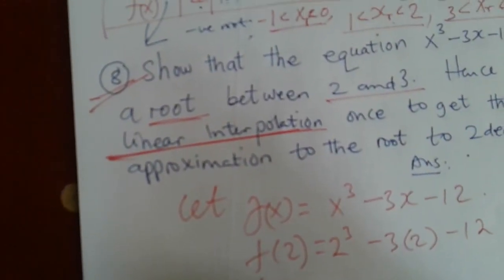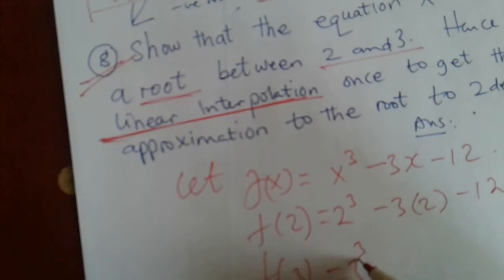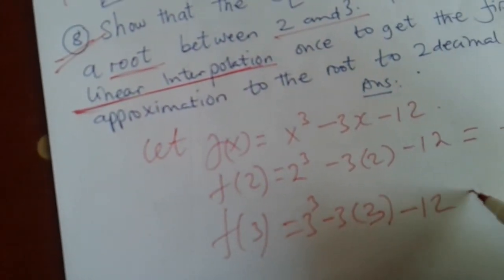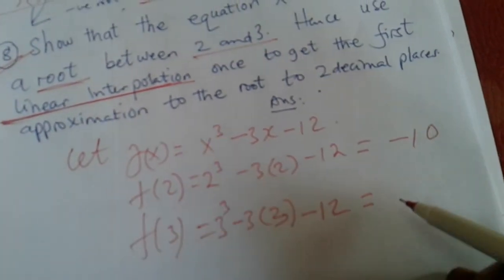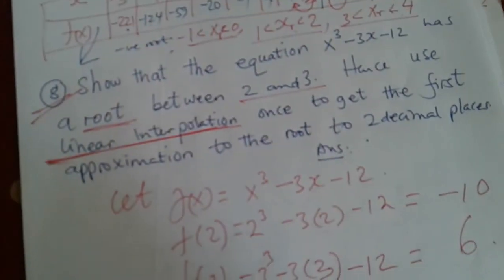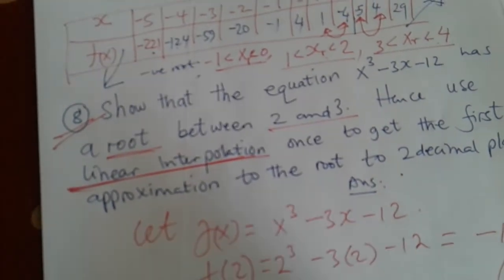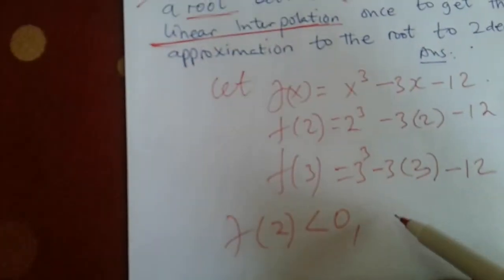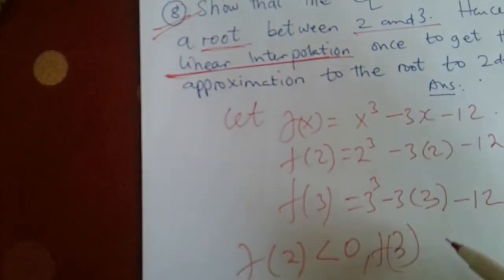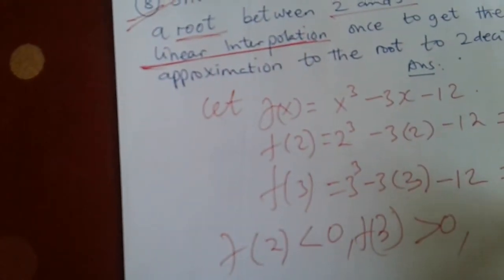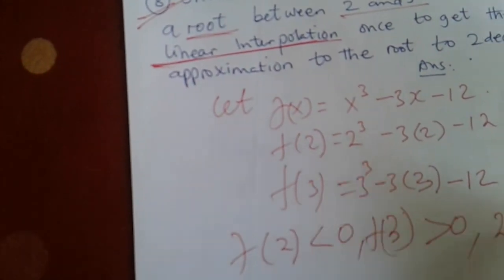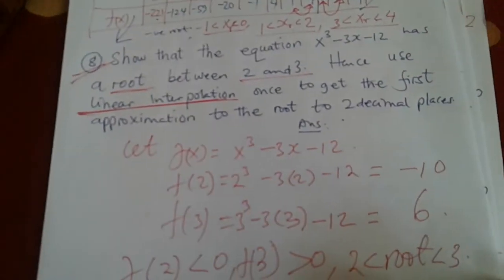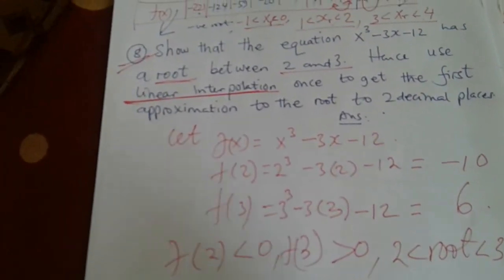Then f of 3 will be 3 cubed minus 3 times 3 minus 12, and this automatically will give you 6. Clearly, you will see that f of 2 is less than 0, and f of 3 is greater than 0, and the root must lie between 2 and 3, as we looked at. Now, hence use linear interpolation once.